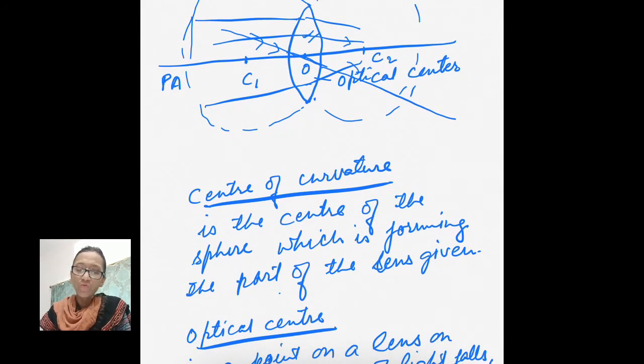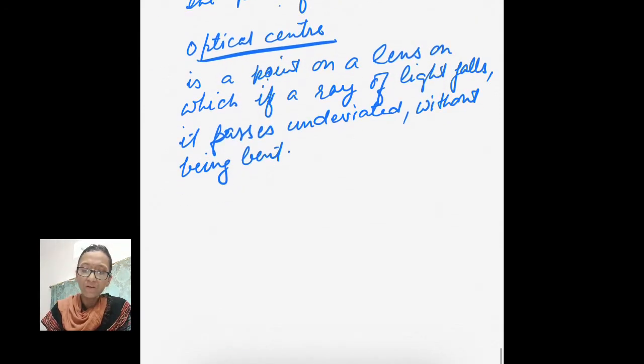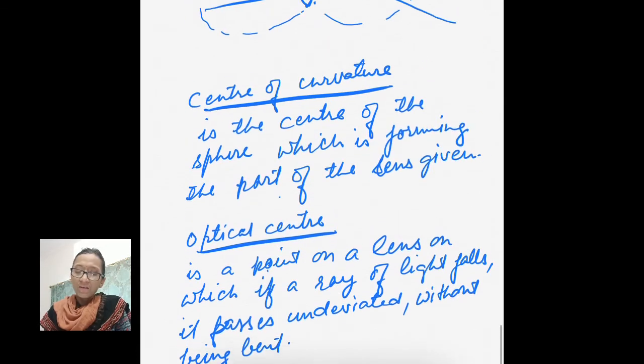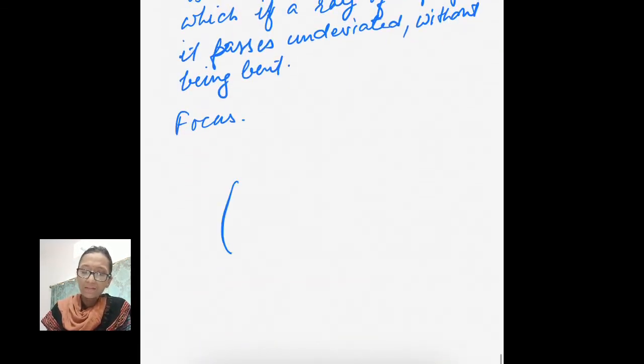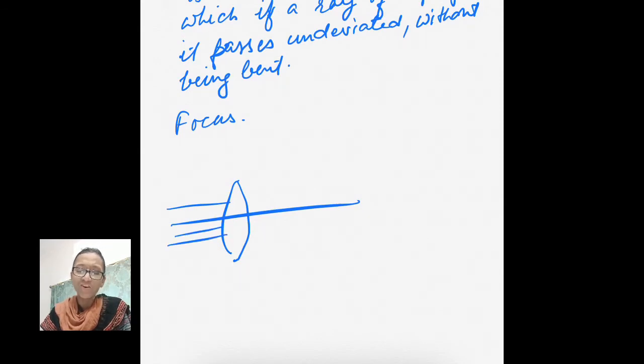Now focus, the important one. Let me draw again the ray diagram of a lens. You will find that all the parallel rays which are very close to the principal axis, also called paraxial or coaxial rays, after refraction will be passing through a single point.